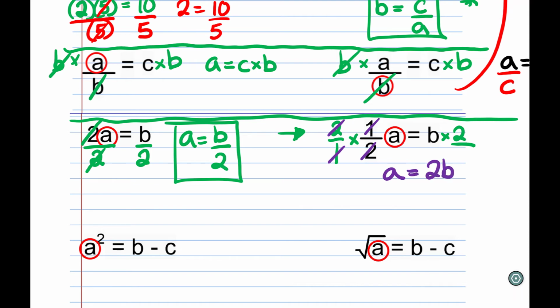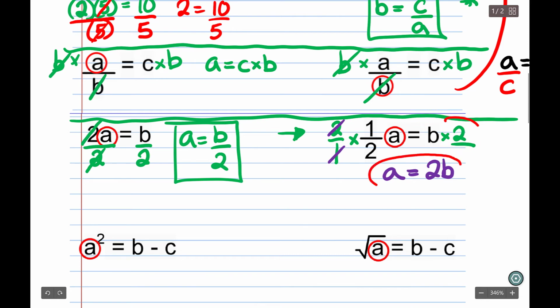Now the other thing I could technically do, but it's usually not done because we'd be dividing a fraction, is if I wanted to, I could divide both sides by 1/2, because that's going to be b over 1/2, which is the same as 2 times b.